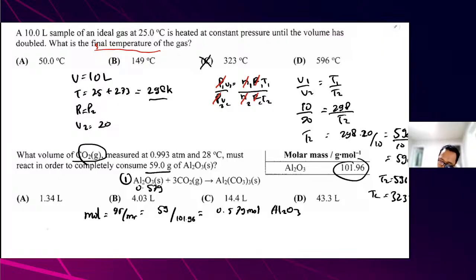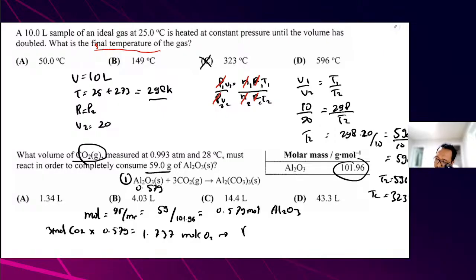So we have 3 moles of CO2 times 0.579, which gives us 1.737 moles of CO2.